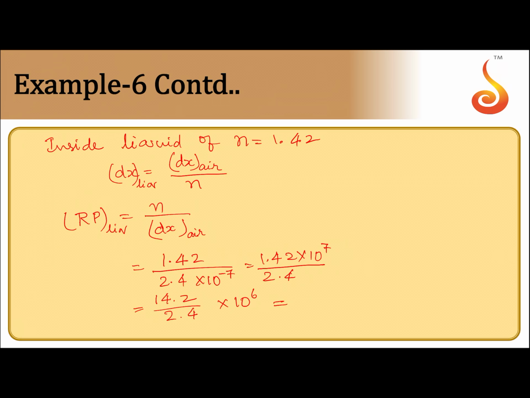So this turns out to be 14.2 divided by 2.4, that is equal to 5.917 into 10 to the power 6 per meter. So this is the resolving power in liquid.